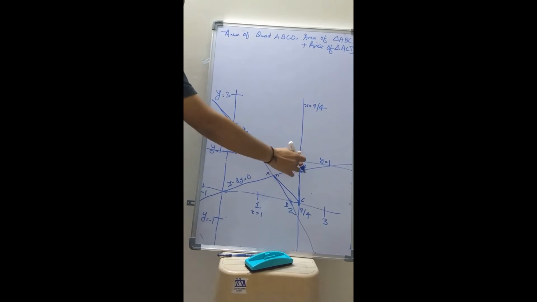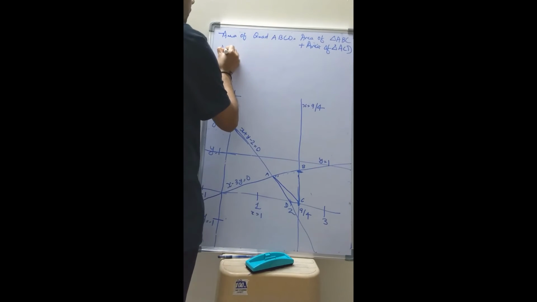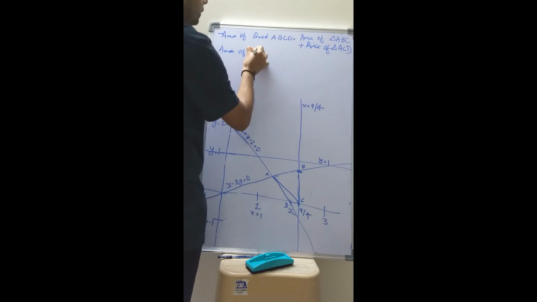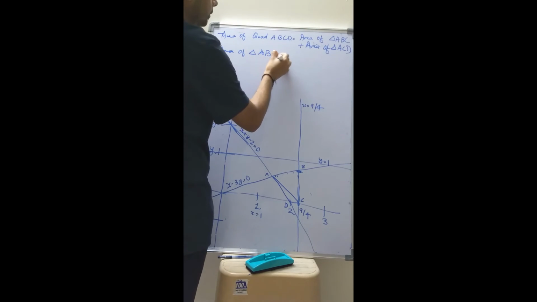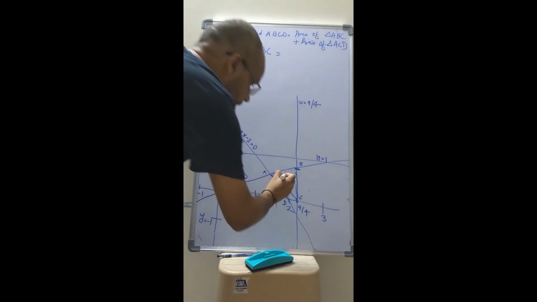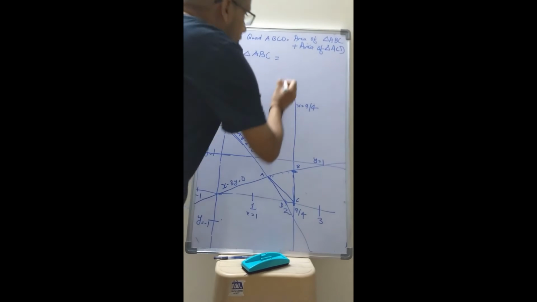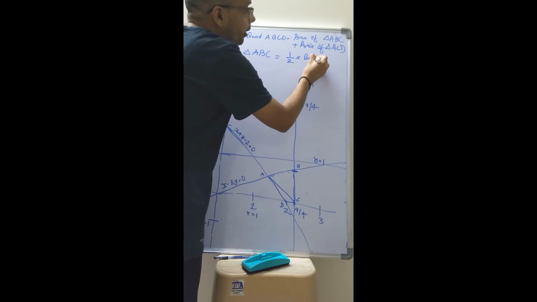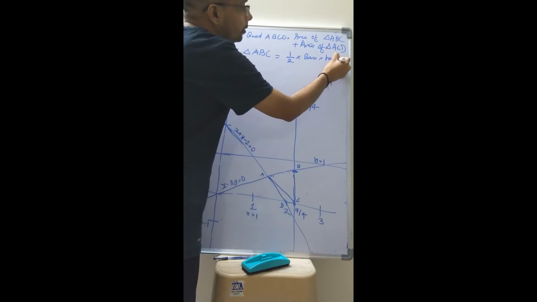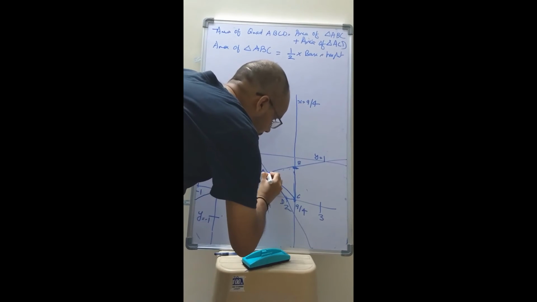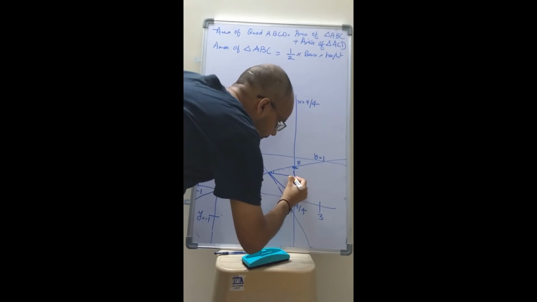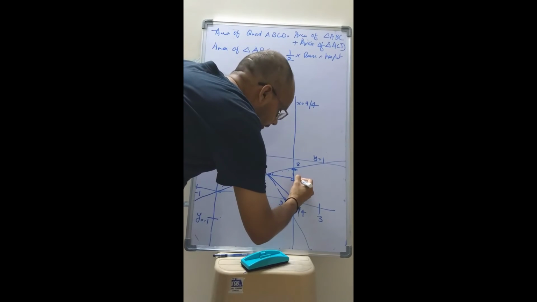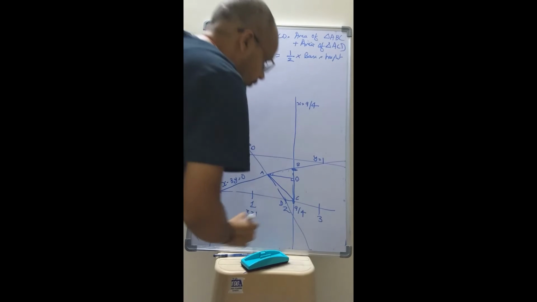Okay, so first let's find the area of triangle ABC. How do you find the area of a triangle? It is half into base into height. Let's draw a perpendicular from here to here, and let's mark it as O, right?